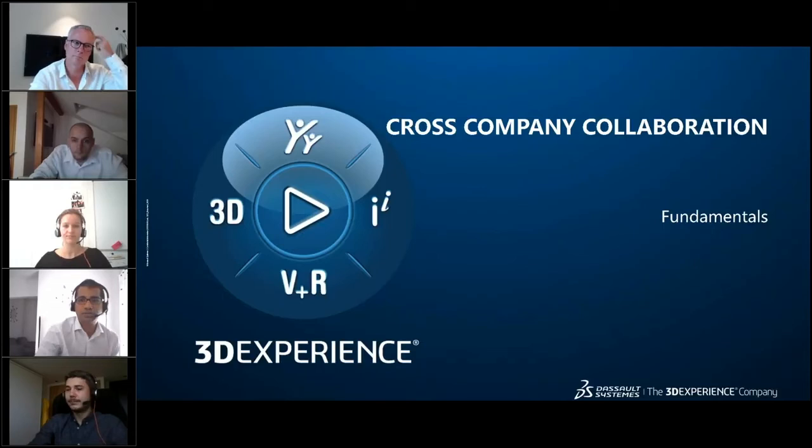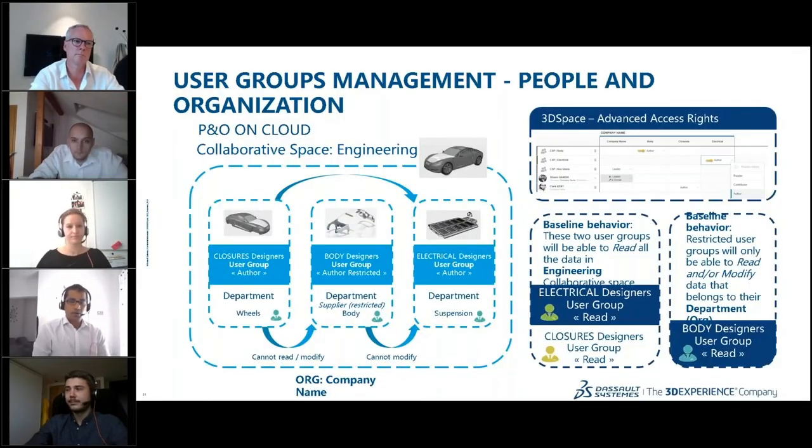Excellent. So what is cross-company collaboration? Fundamentals. Obviously, when we are inviting customers or suppliers onto our environment, we have to ensure that the IP is protected. We are not going to give away the entire context. So here is the P&O, people and organization, where we have one collaborative space with the entire car, and various departments like wheels, body, suspension, powertrain, etc. We can only give access to the context of that particular car to the supplier in a restricted mode.